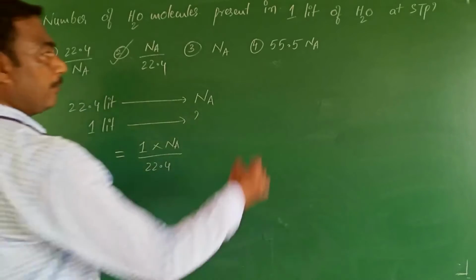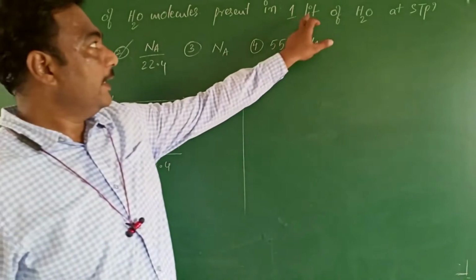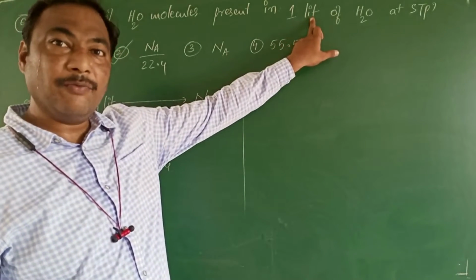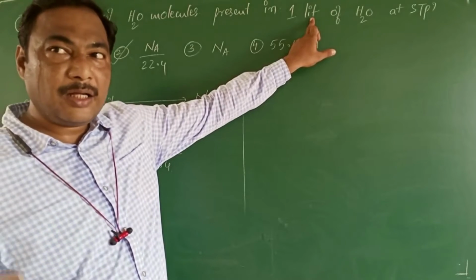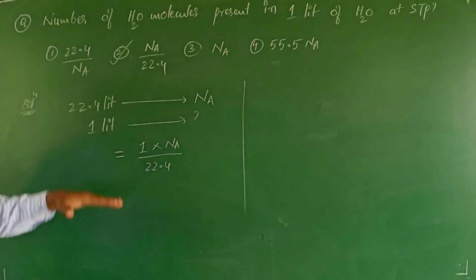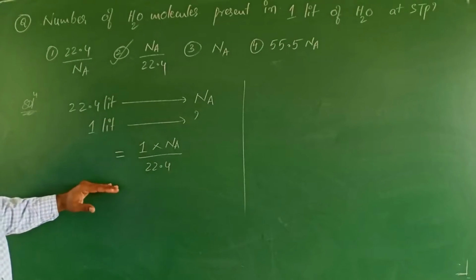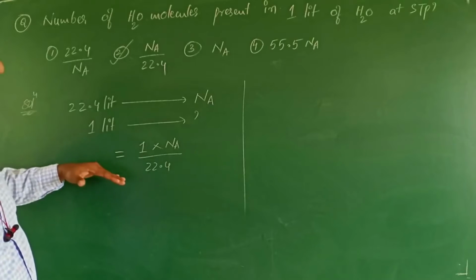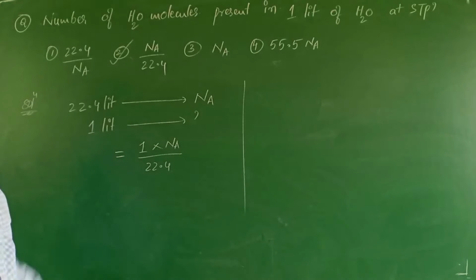But one more important thing: liter is nothing but the volume. Generally, we express volumes, or gram molar volume, only for gases. You have to keep that in mind. Very, very important point here. Gram molar volume is only for gases.